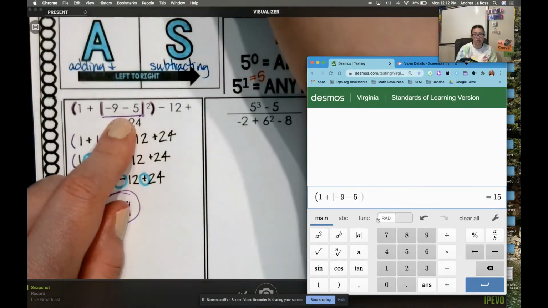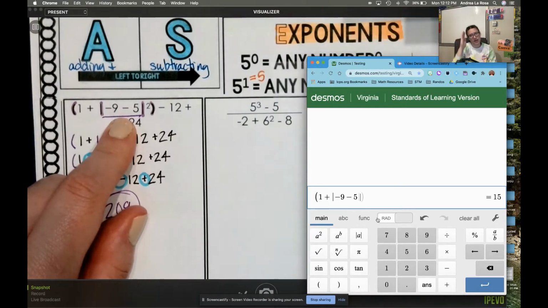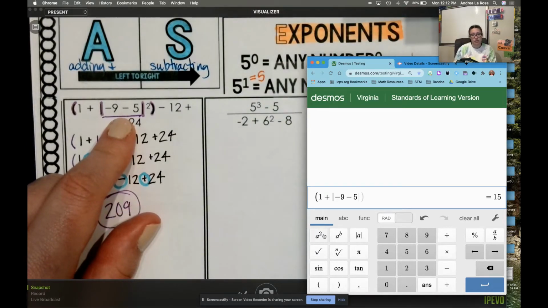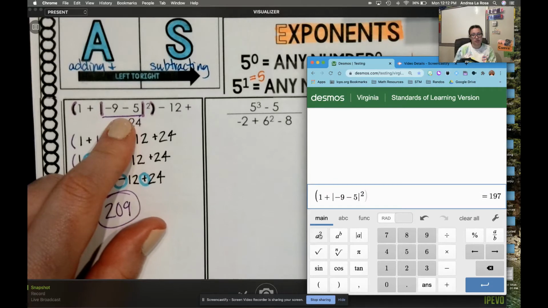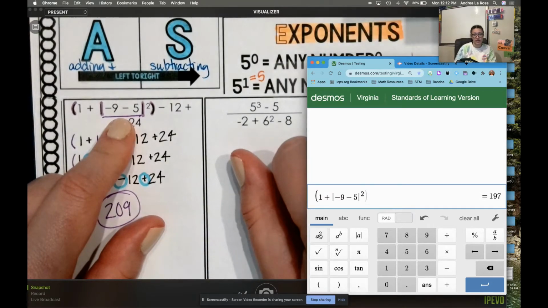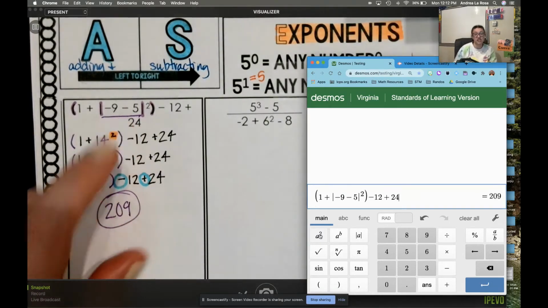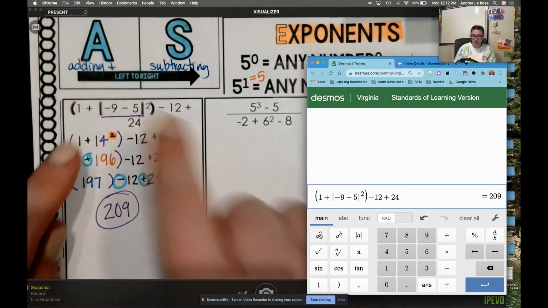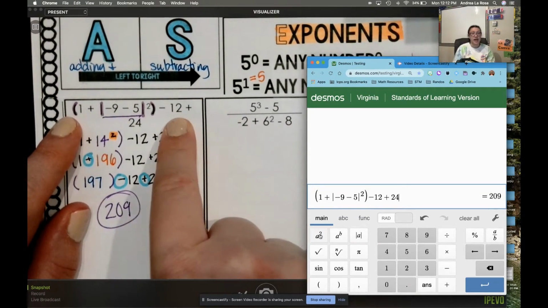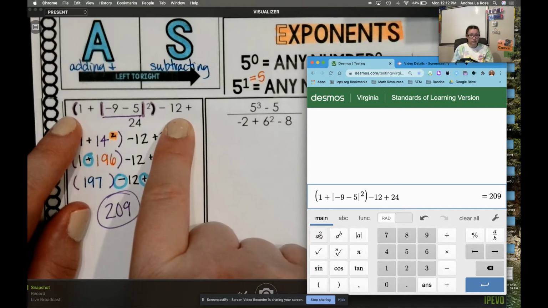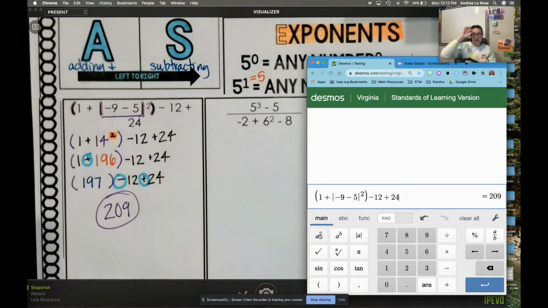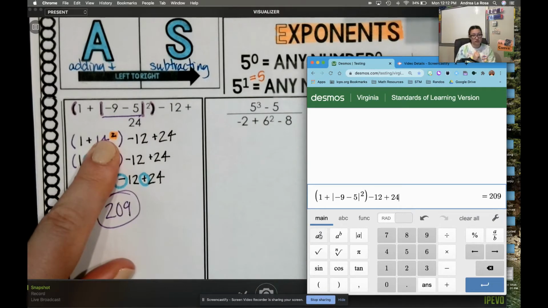I have to arrow outside of my absolute value, square it, so hit that A to the second power button, arrow over to get outside my parentheses, and then I subtract 12 plus 24, and I still get that 209. You can type the whole thing in your calculator like this as long as there's no division. With Desmos, when it gets to division, it does the numerator and the denominator, and that will mess up your math. We'll see that in a later problem, but one like this one you can do just fine without the calculator.